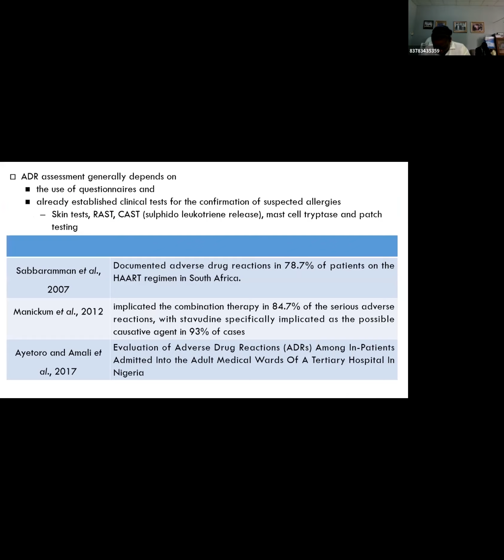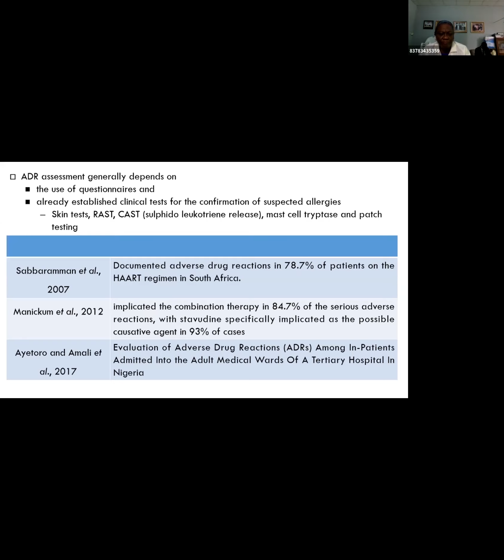That's why I was saying earlier that as we go forward, we will see where some issues can be raised with the nature of data collection with respect to pharmacovigilance. So we have assessment basically gotten from questionnaires.